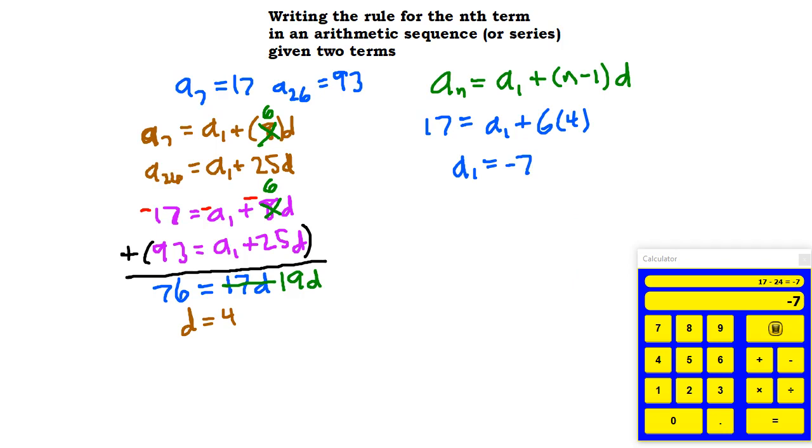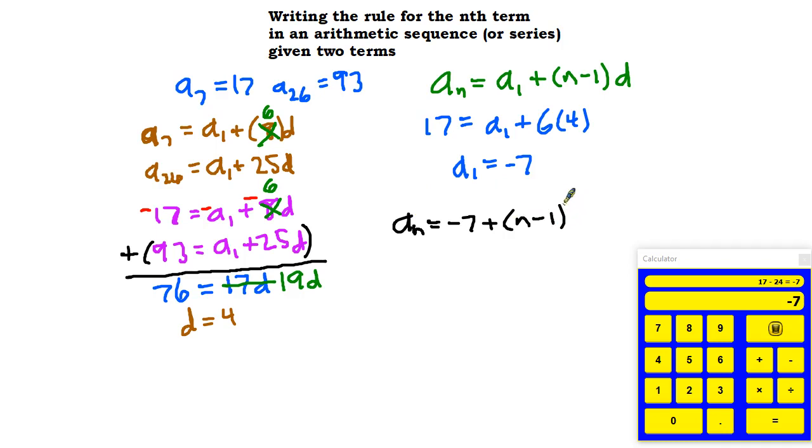So finally we can rewrite this whole thing out nice and clean. We're writing the rule for the nth term, so it's going to be a sub n. When we're writing the rule for the nth term, a sub n stays a sub n and n stays n.